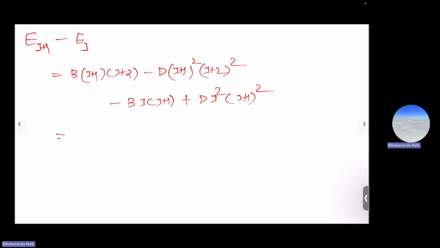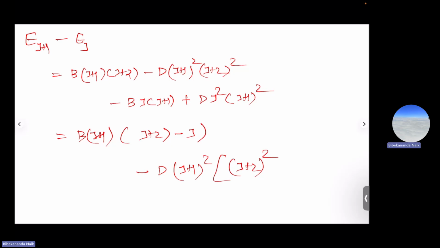If we take B J plus 1 common, then it will be J plus 2 minus J. Then again if we take minus D J plus 1 square common, then it will be J plus 2 square minus J square. So J gets cancelled out, so it will be 2B J plus 1 minus D J plus 1 square.